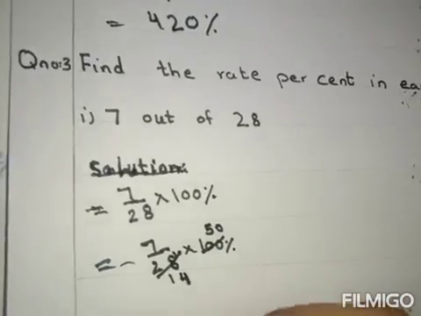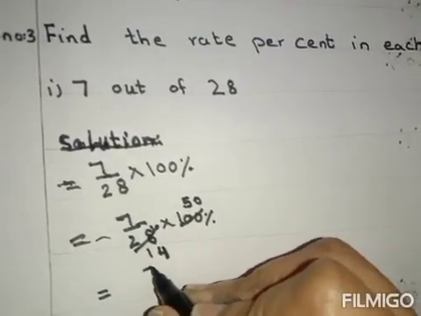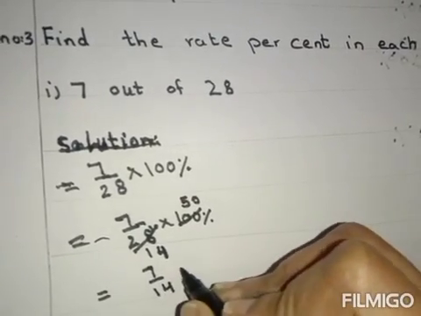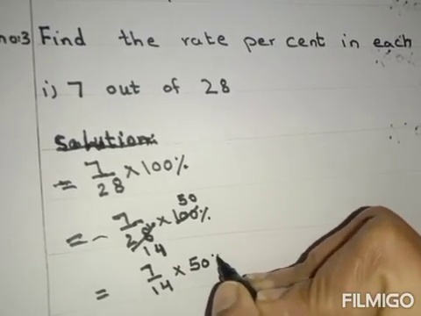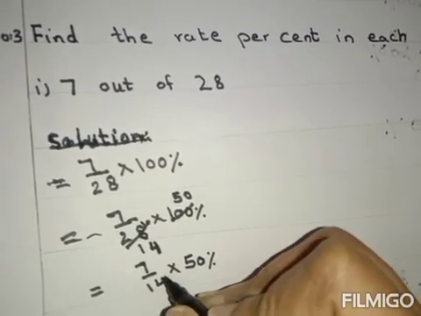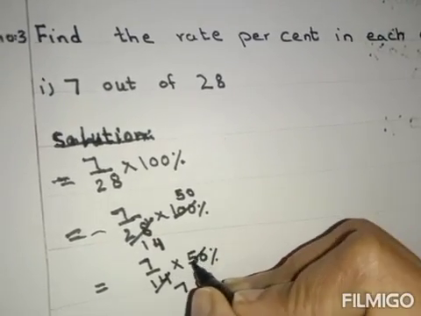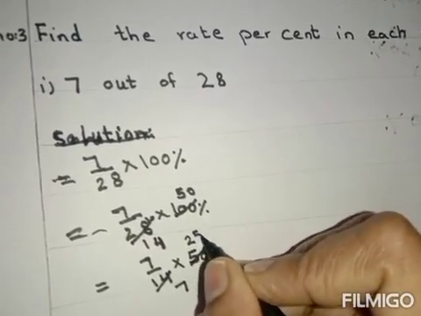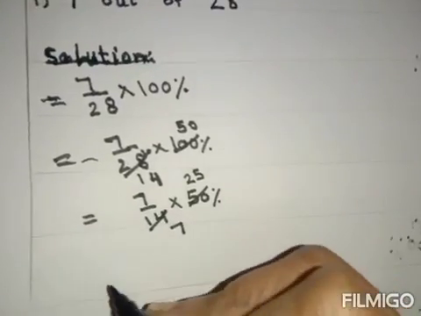Here also more cutting is possible because 14 and 50 are still even numbers. So we will do further cutting. 2 7s are 14. 2 25s are 50. You can do division if you have any problem.